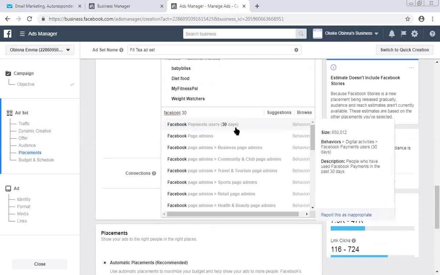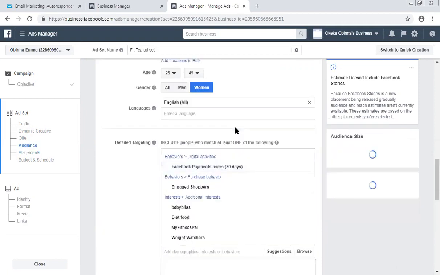So these are people that have bought off Facebook, or bought online in the last 30 days. You can see that these guys are always buying online. Of course, there is something we say in marketing: a buyer is always a buyer. Someone that always shops online, if that person sees a product he or she is interested in, will be willing to buy. So you can also include that under behavior.